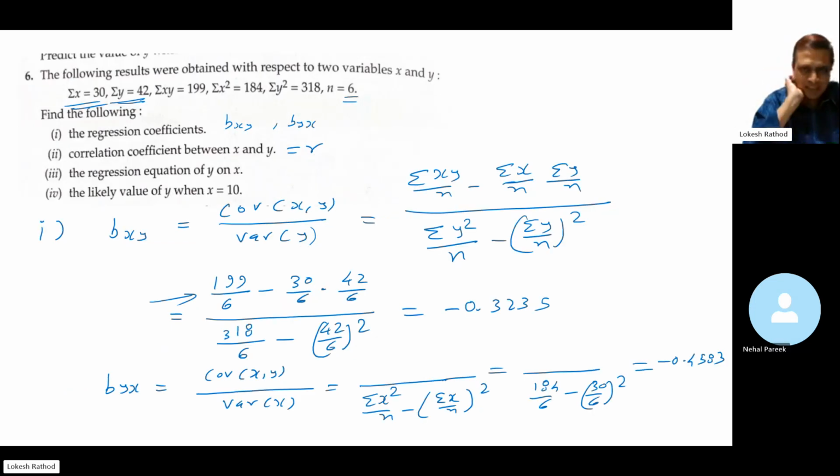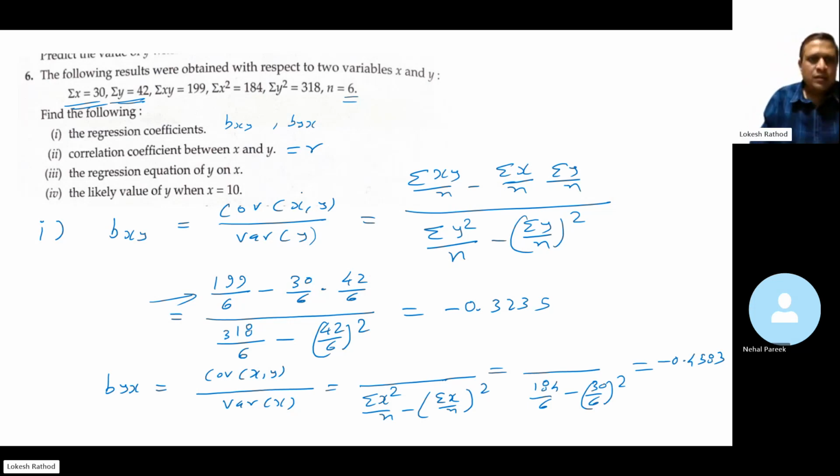Check the first one. Bxy is matching. Byx. No wait, they're both matching, just the other way around. Achha, they are interchanged. Yeah.